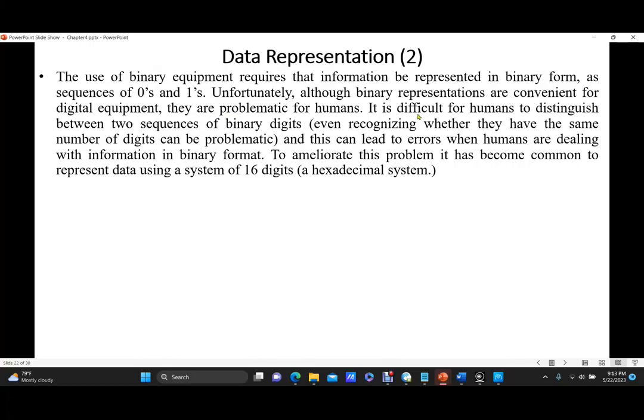Humans have difficulty distinguishing between different sequences of binary digits. Even recognizing whether two sequences have the same number of digits is not that simple. It is easy to make a mistake. This then can lead to errors when humans are dealing with information in binary format.